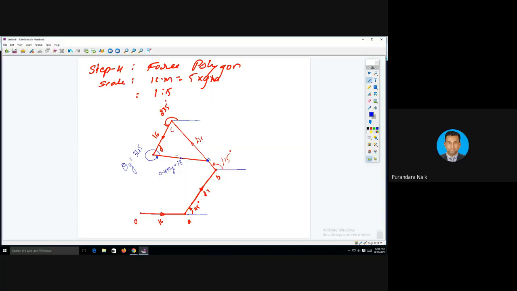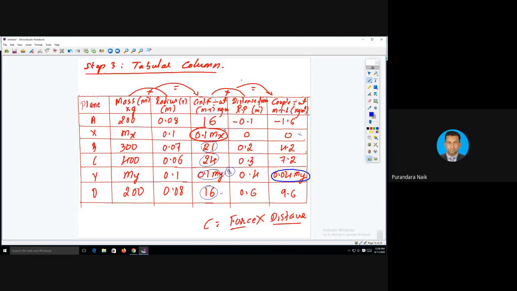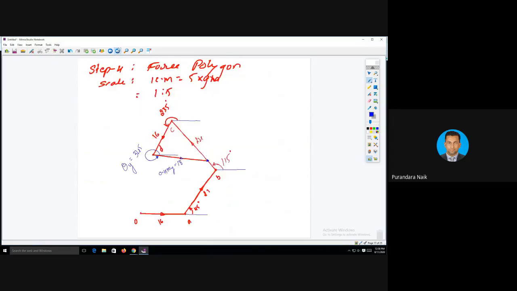Now, to balance, the force polygon must be closed. Here, this is unknown and it should be closed. To close it, just join the first point with the last point. So I'm going to select the dotted line. This is point D, E and O. The first point is O. Just join this with a dotted line because it is unknown.